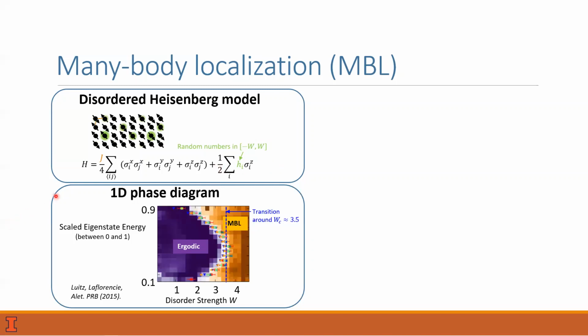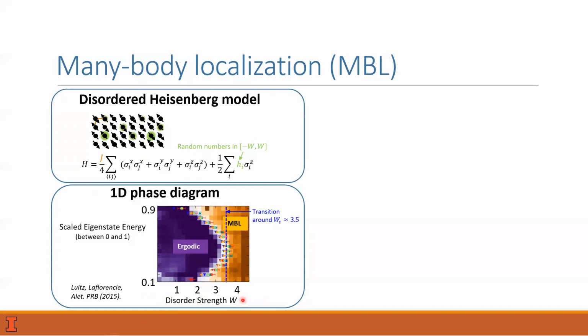This is an interacting Hamiltonian, and interacting Hamiltonians are very hard to solve analytically or numerically. So you're restricted to doing numerics on small system sizes. This model has mostly been studied in one dimension. For example, in this paper, they mapped out the phase diagram of this model.